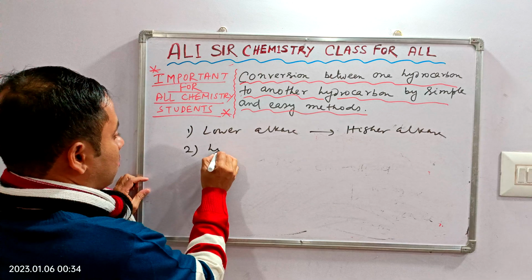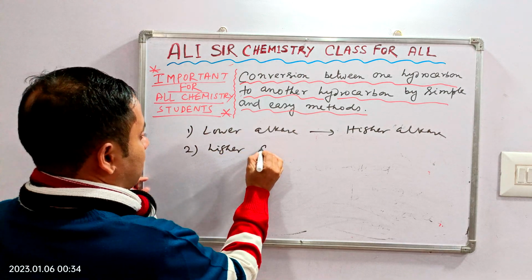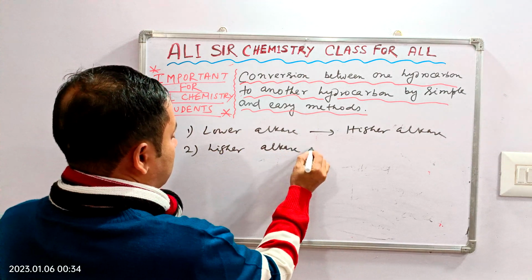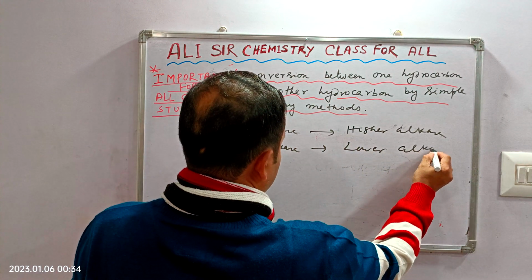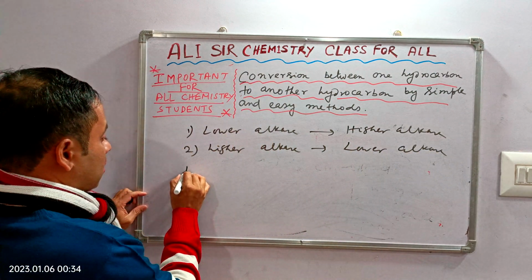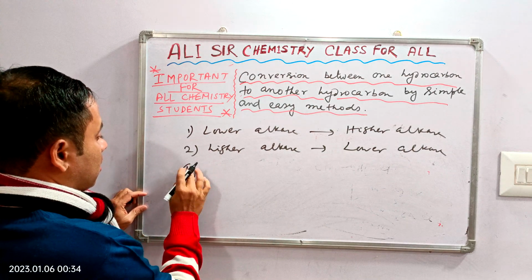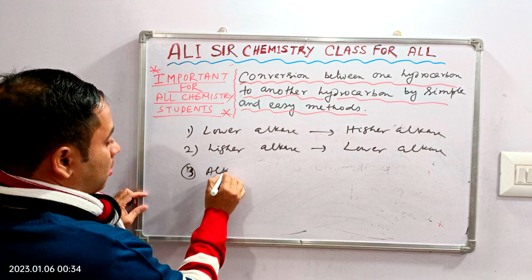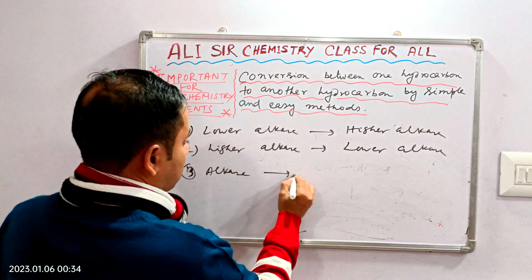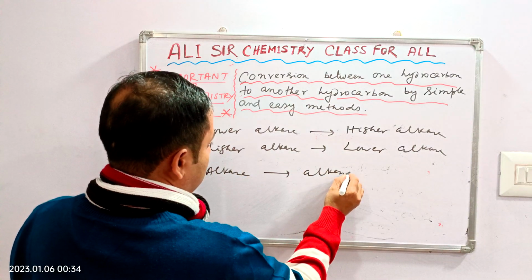Number 2, higher alkane to lower alkane. Number 3, alkane to alkenes.